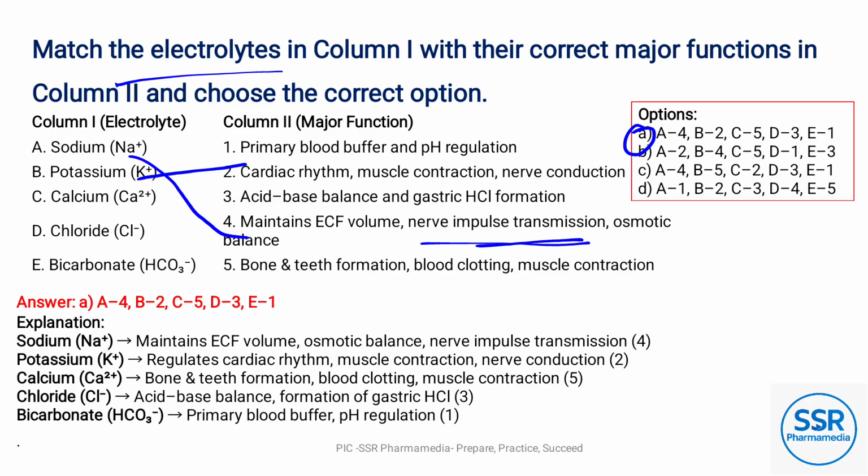Calcium is for bone and teeth formation, blood clotting and muscle contractions. Chloride is for acid base balance and gastric HCl formation. And bicarbonate is the primary blood buffer and pH regulator.